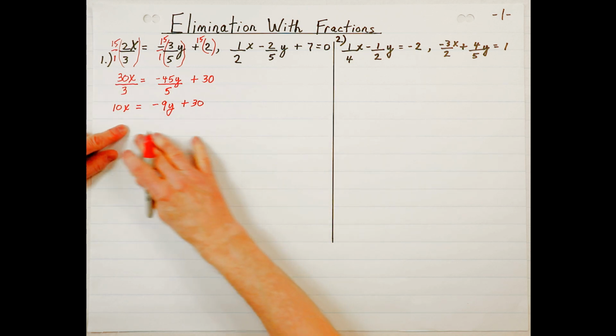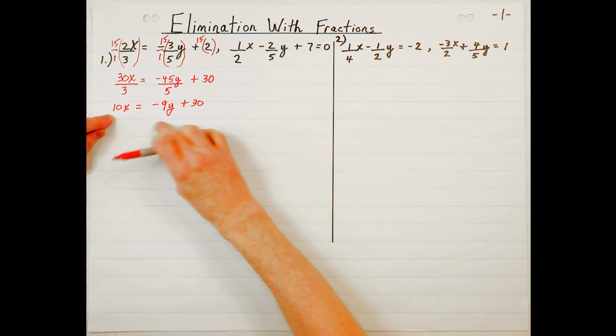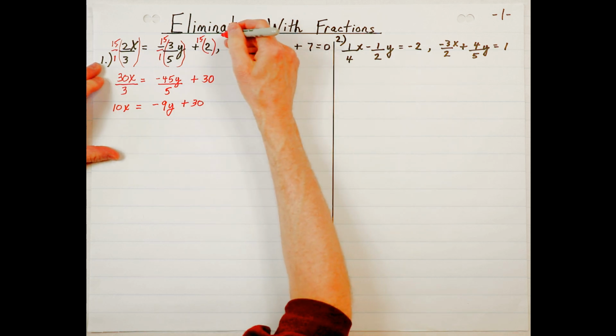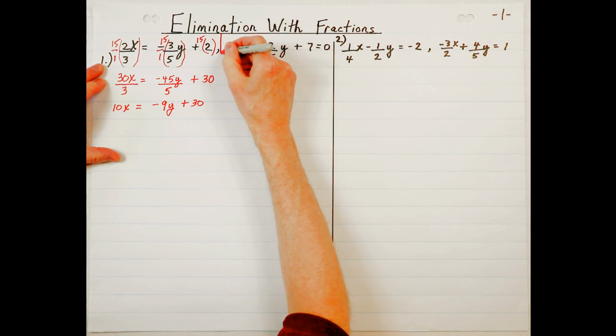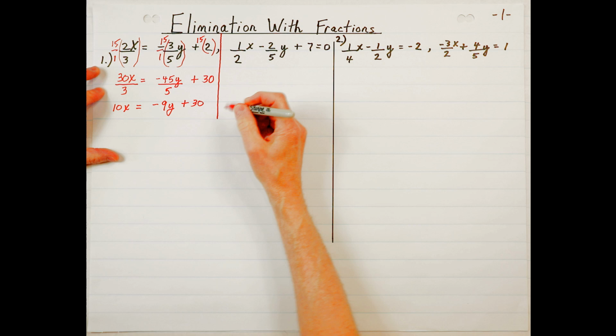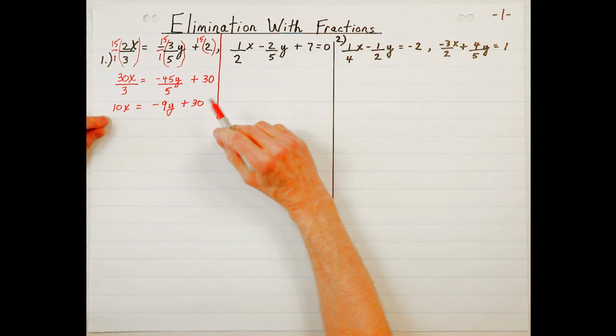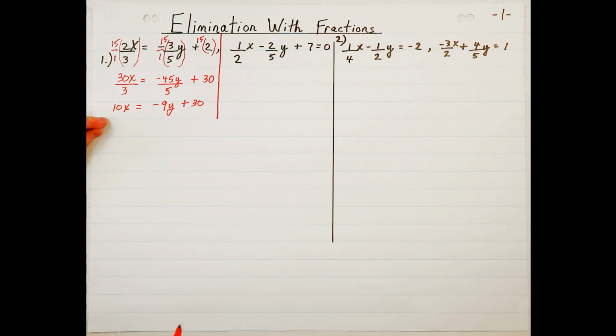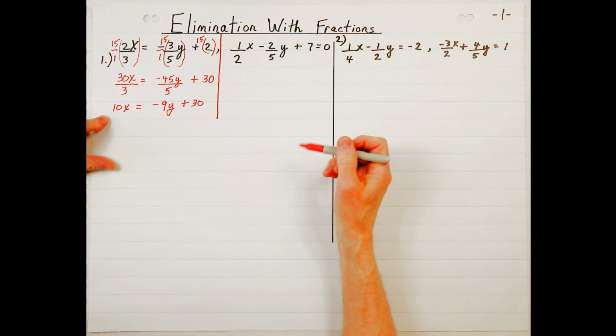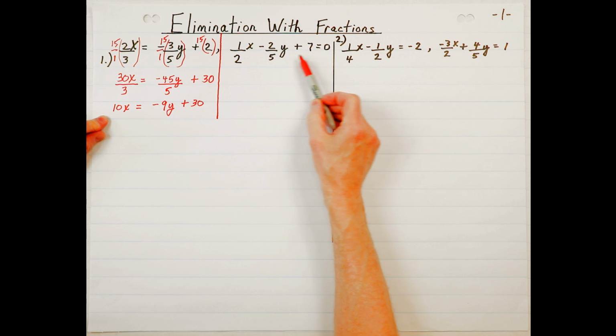What I'm going to do for now is leave this in the order that it's in until I get the other one done. And after I have the other equation done, then we'll decide what order we can use to solve it.